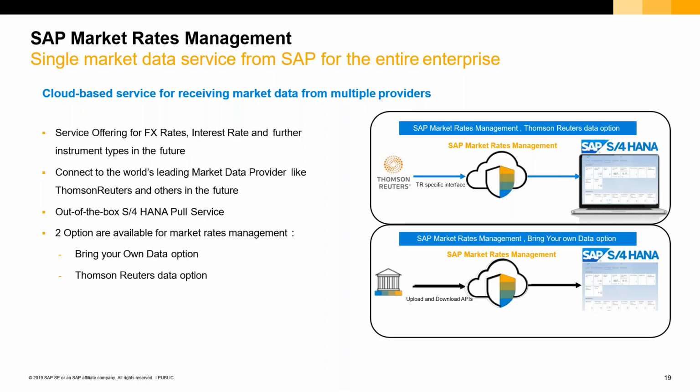These are standard delivered applications out of the box with full service model, which allow you to pull in data any number of times, as many times as you need, and make it available to your treasury applications as well as other applications if you have chosen to do so. Next page, please.